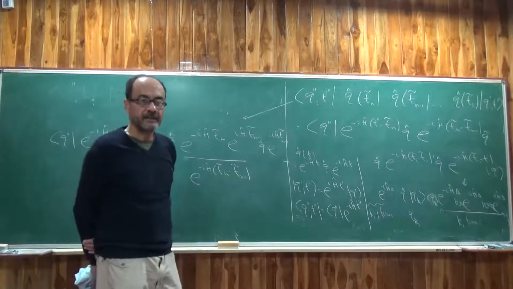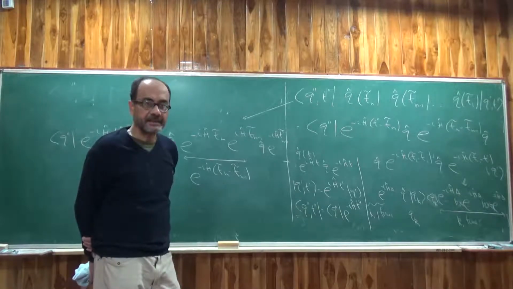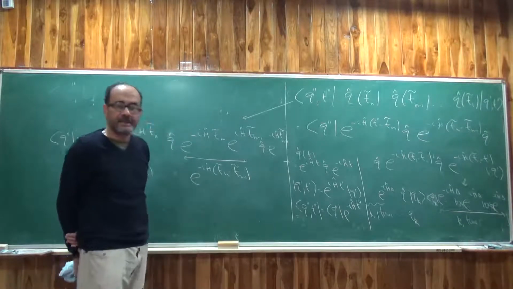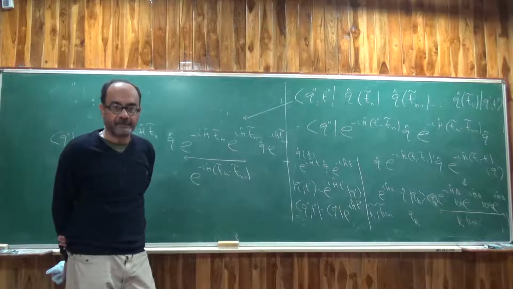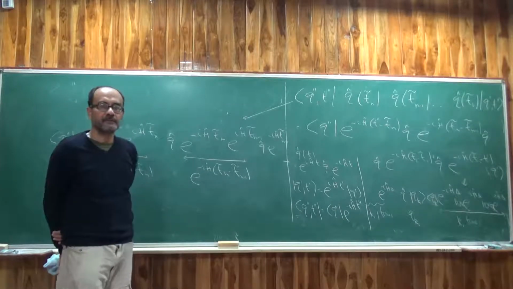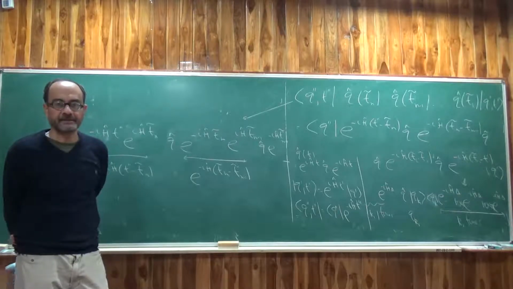So if we take its expectation value in these states that are evolving in time, we will get the same value. Exactly, that's the definition of this state. In fact you don't even have to take the expectation value, just calculate the eigenvalue. This is supposed to be an eigenstate of the position operator at time t', which is different from the evolution of the state in the Schrödinger picture.